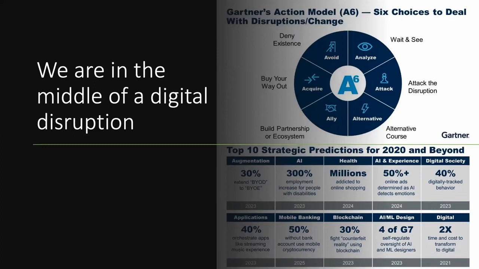If you look at Gartner's predictions for 2020 and beyond, there are a number of things that were already predicted at the start of this year, and I believe these predictions will only accelerate and potentially change going forward based on the disruptions that we're seeing already. Okay.